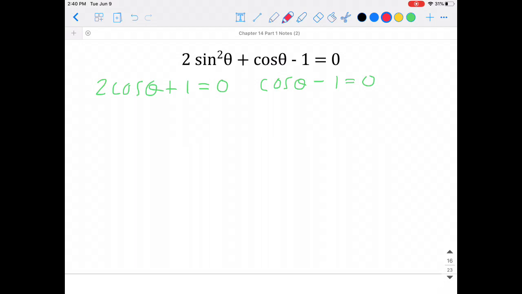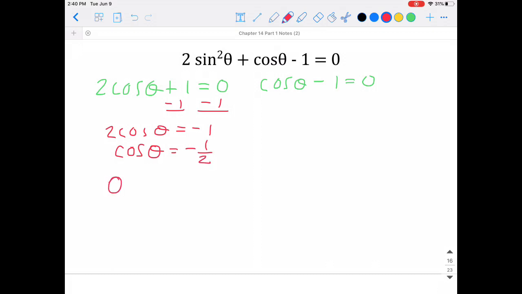On our left side, we subtract 1 from both sides, and we're left with 2 cosine theta equals negative 1. Divide both sides by 2, and we have cosine theta equals negative 1/2. To isolate theta, we get theta equals inverse cosine of negative 1/2.